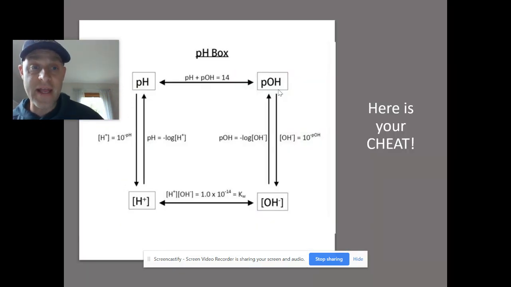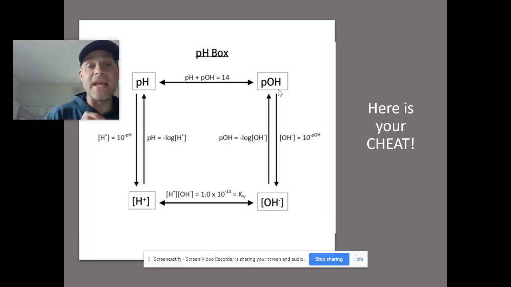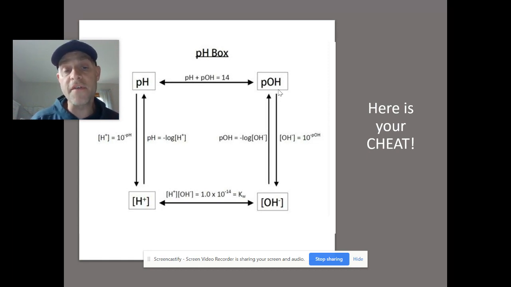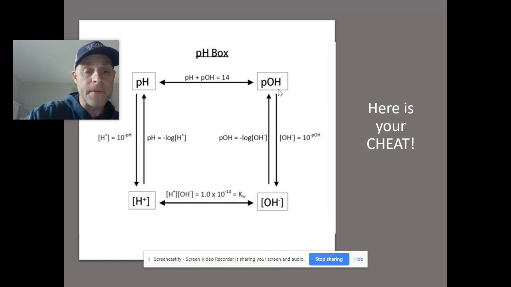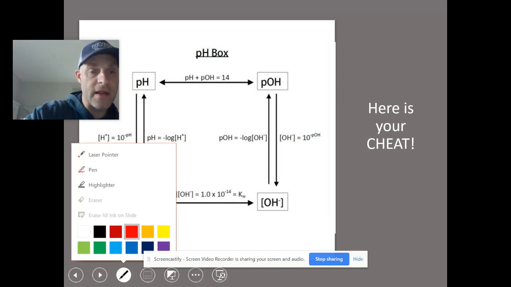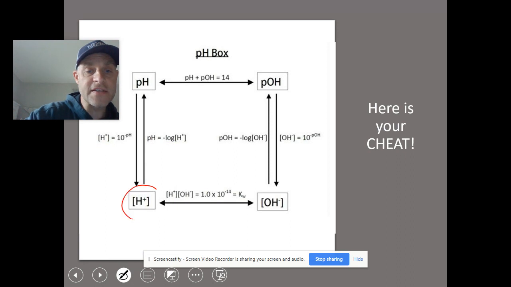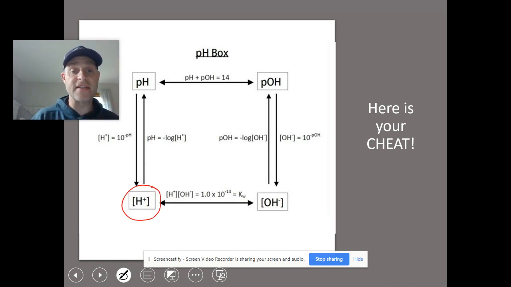So yesterday we looked at pH and pOH, and we looked at if I have the concentration of ions. If I have the concentration of H plus ions, that's a measurement of acid.